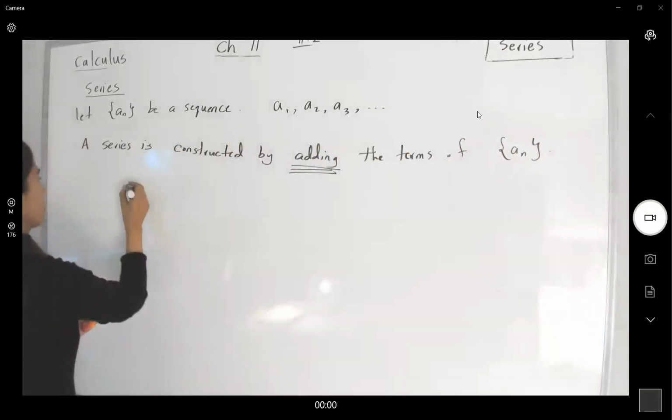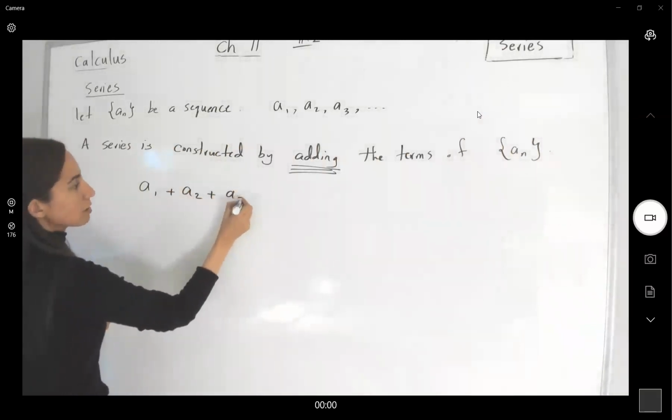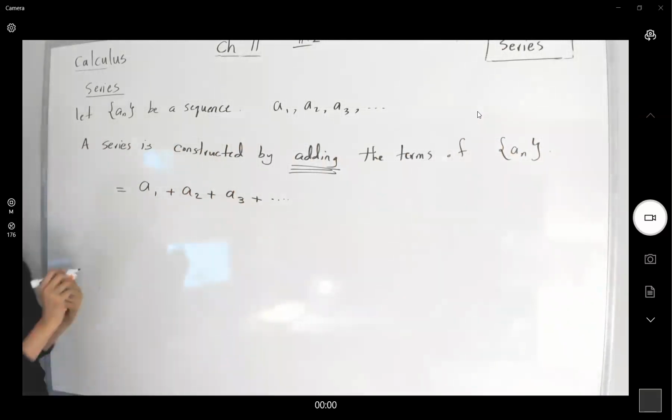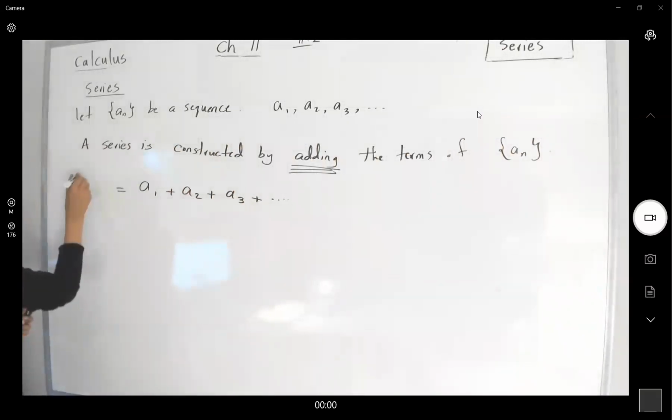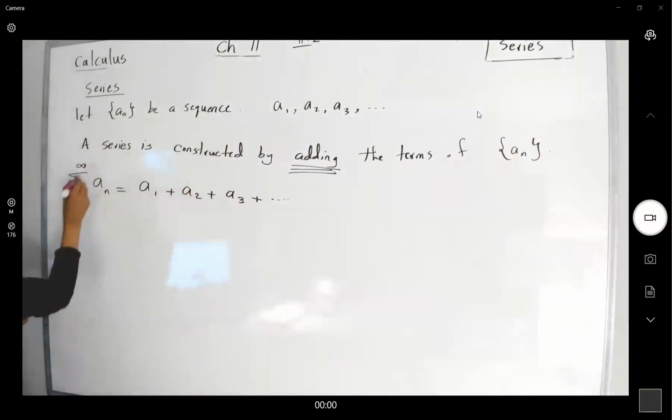So a sub 1 plus a sub 2 plus a sub 3 plus dot, dot, dot. This is denoted by sigma a sub n, n starts from 1, goes to infinity. This is summation notation, we call it sigma.